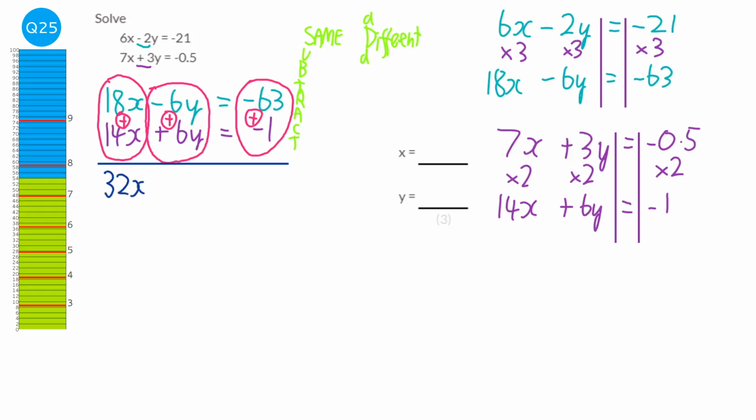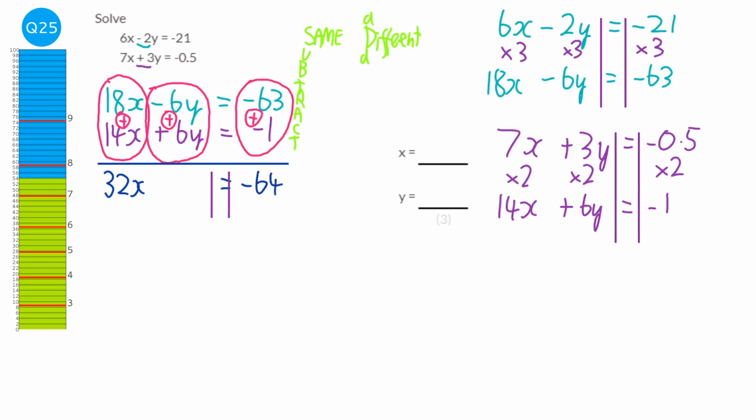We've got 6y minus 6y plus 6y. The two pluses make a plus, so it's minus 6y plus 6y, which is nothing, which is good. That's what we're trying to do, is get rid of the y's. And then we've got minus 63 plus minus, which just makes a minus. So it's minus 63 minus 1, which would be minus 64.